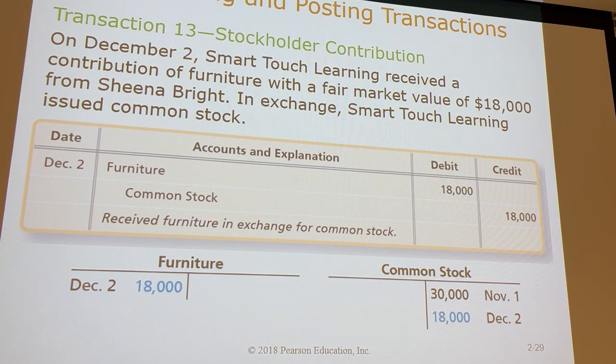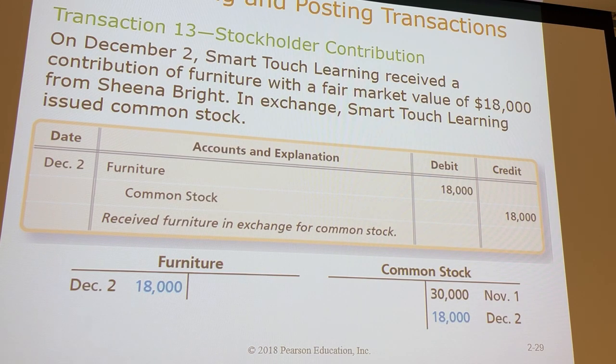Sometimes they own some other type of asset that they put into the corporation, such as in this case, furniture. So the corporation is really buying the furniture from Sheena Bright, and they're paying her for it with shares of common stock. So furniture is an asset, and so we would show the furniture account going up with a debit.